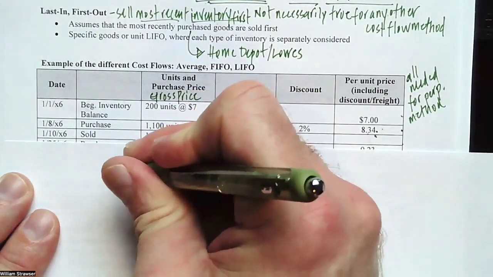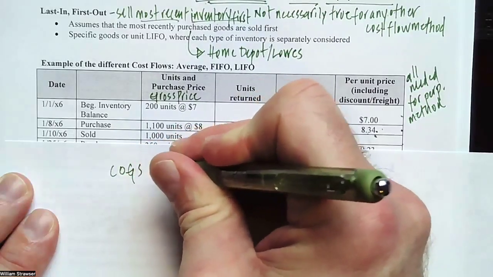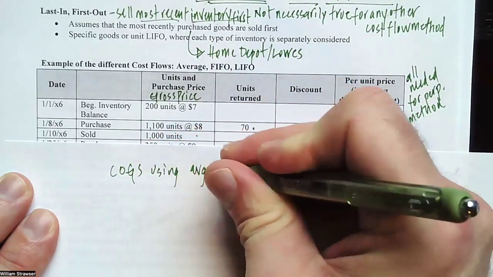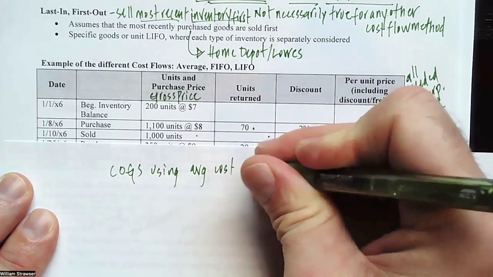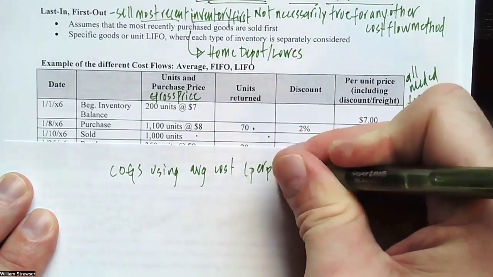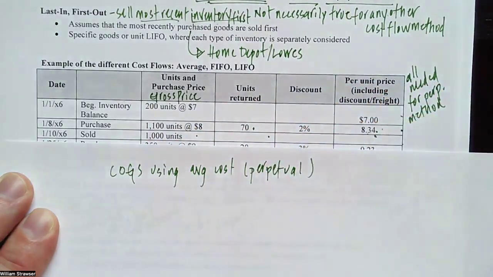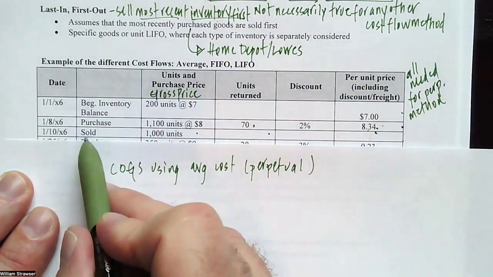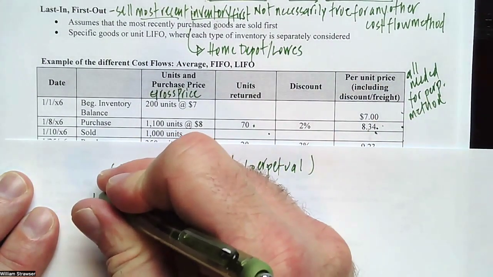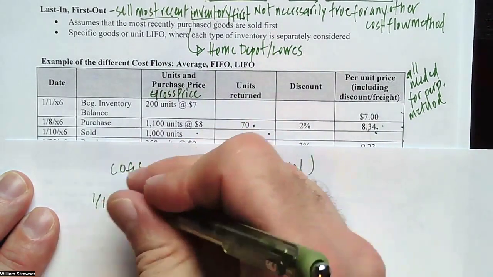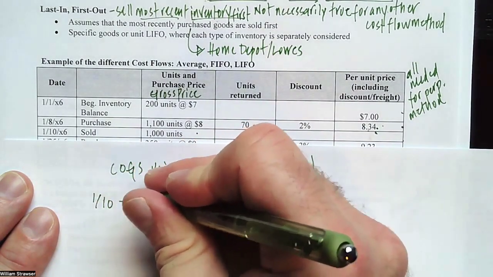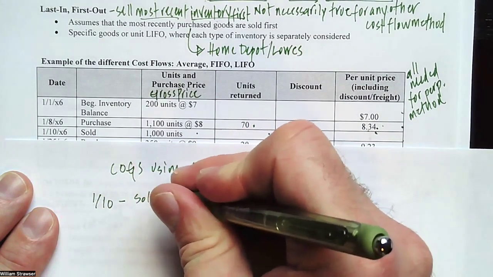So COGS using average cost under a perpetual basis is what we're calculating. And the very first sell we make is on January 10th. We sold 1,000 units.